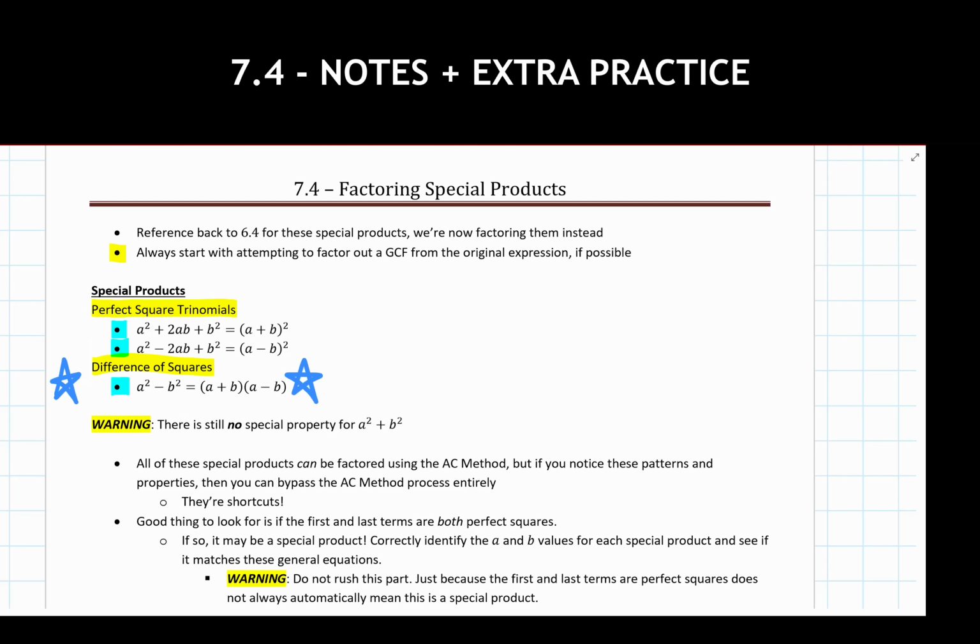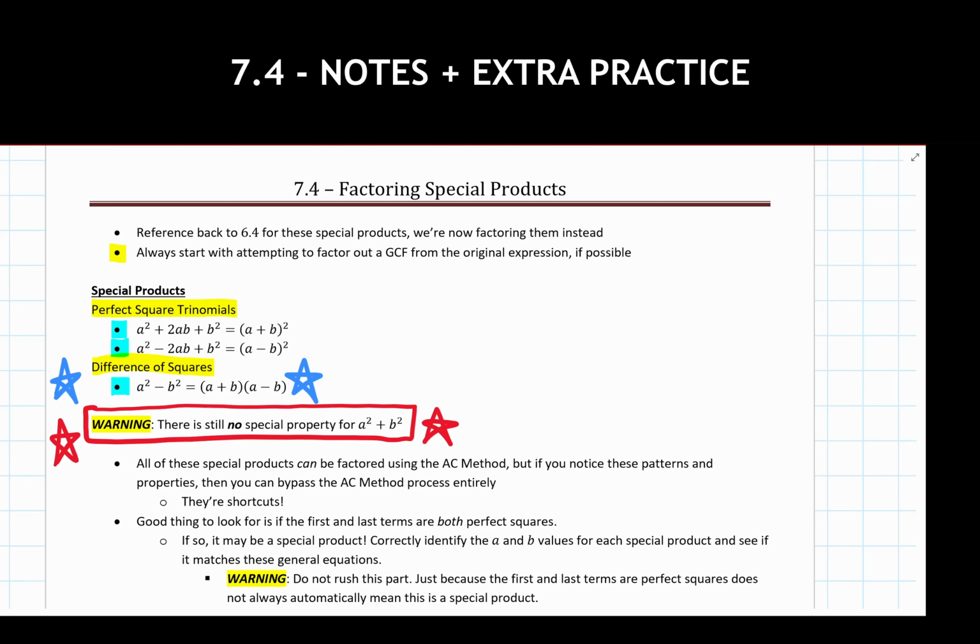I would like to give an absolutely massive, monumental warning to you. There's absolutely no special product that exists automatically for factoring something written in the form a squared plus b squared. It does not exist. So if you're writing anything down for yourself, I would make a note of this: highlight it, circle it, star it, put red text around it, something to make it clear to yourself.